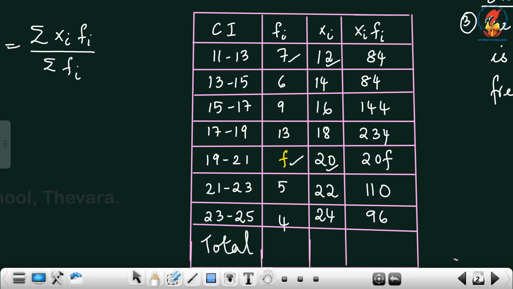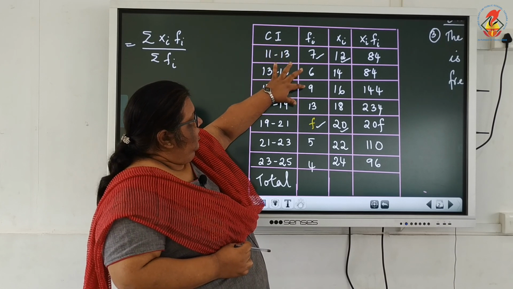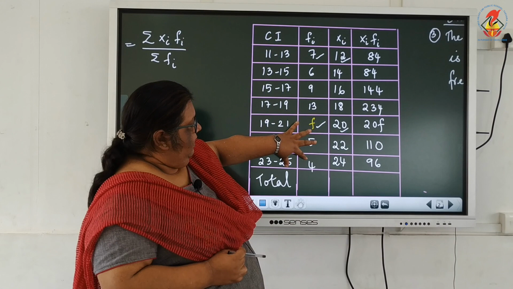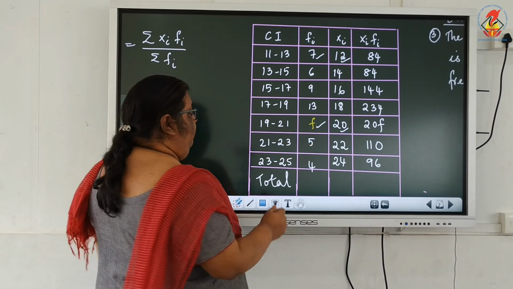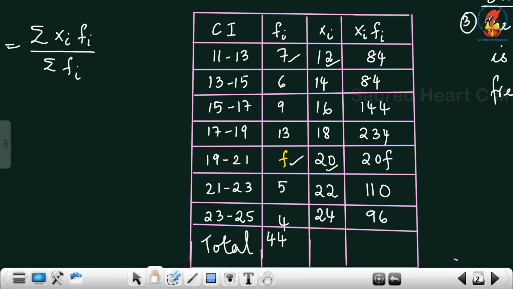So to find the total frequency, 7 plus 6 plus 9 plus 13 plus f plus 5 plus 4. So we need to add all the numbers. When you add all the numbers, you will get 44 plus f. So that will be the total frequency.